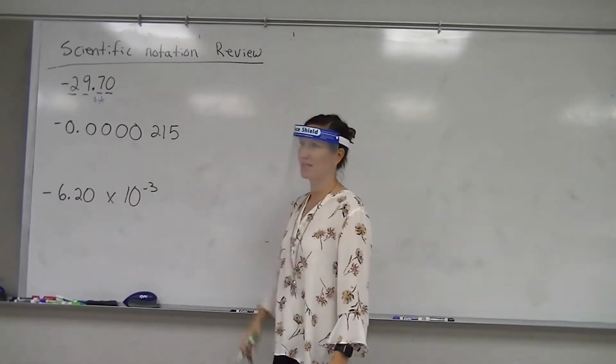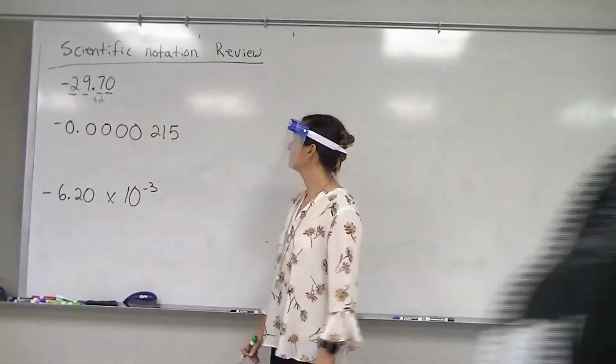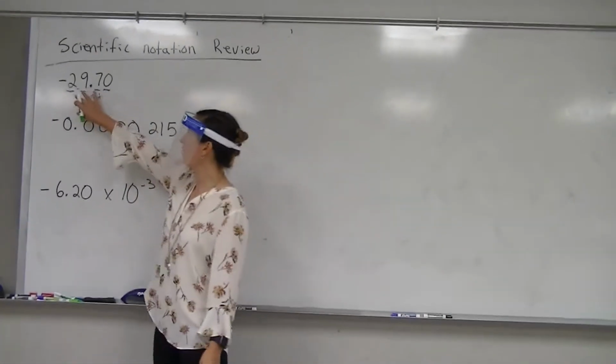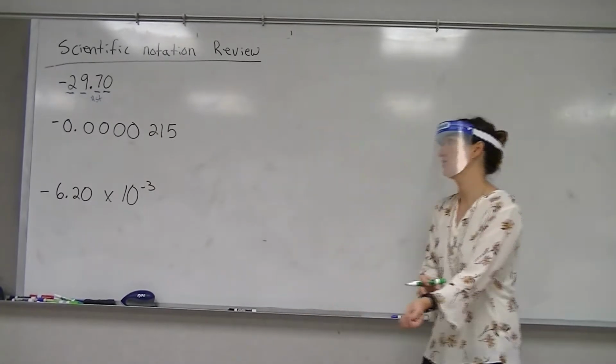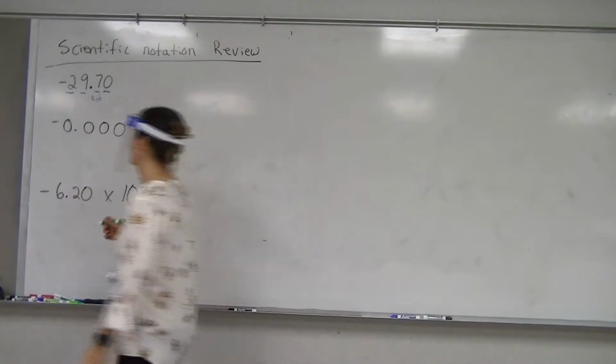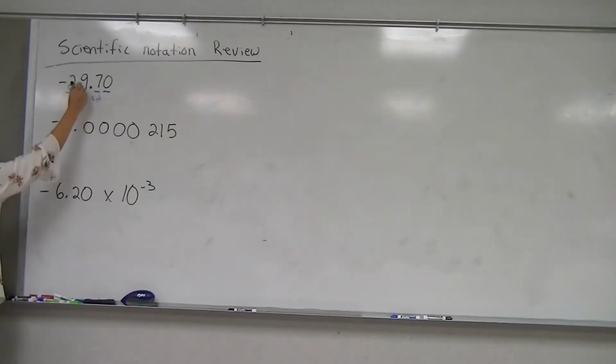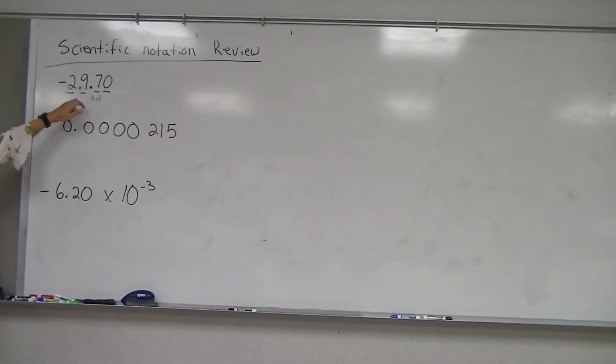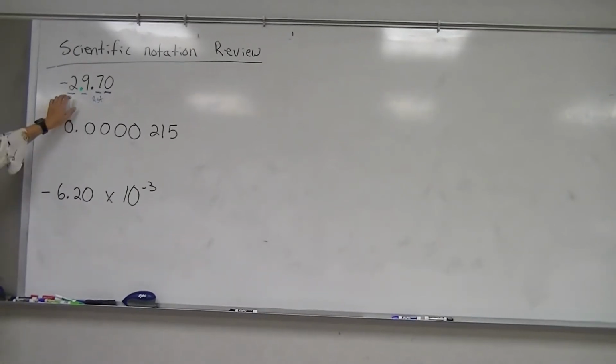We're just doing a review with scientific notation anyway. Where am I going to want my decimal when I have that scientific notation? Between what 2 numbers? Right, you want just 1 to the left of the decimal, so it's going to go between the 2 and the 9.